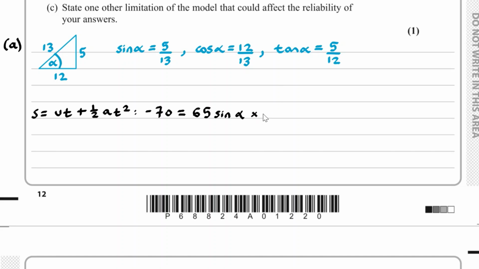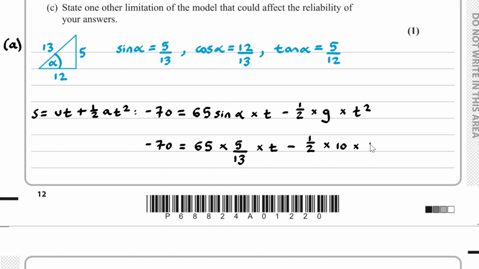We then multiply this by t. We then subtract off 1/2 multiplied by a, which is g, multiplied by t squared. Minus 70 equals 65 multiplied by sine alpha, which is 5/13, multiplied by t, minus 1/2 times 10, multiplied by t squared.